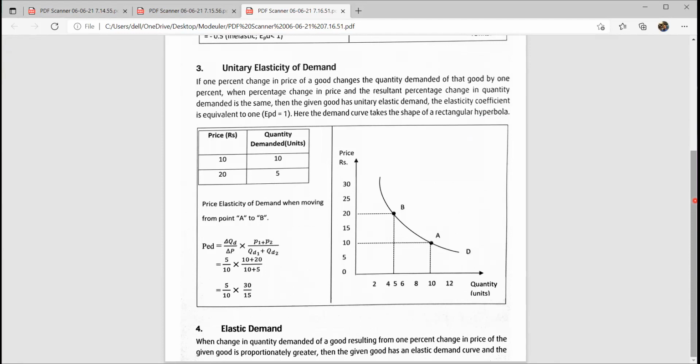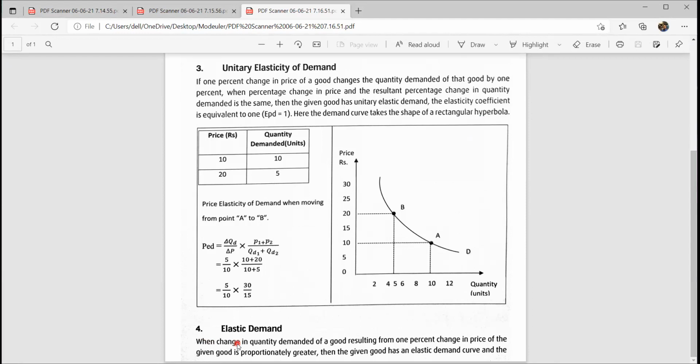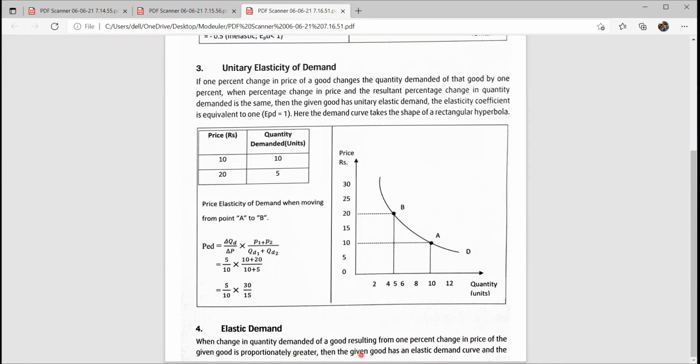Third one, same response due to the change in price. Right now, greater response due to the change in price. It is called elastic. It says when the change in quantity demand of a good resulting from a 1% change in price of the given good is proportionately greater, then the given good has an elastic demand curve.